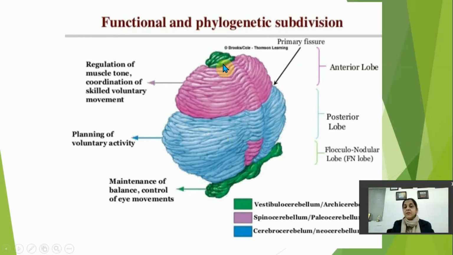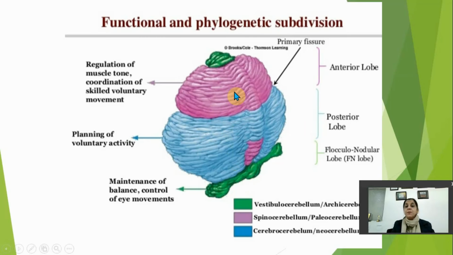The green part is the vestibular cerebellum, also known as the archicerebellum. The pink part is the spinocerebellum, also known as the paleocerebellum. The sky blue middle part is the cerebrocerebellum, known as the neocerebellum.